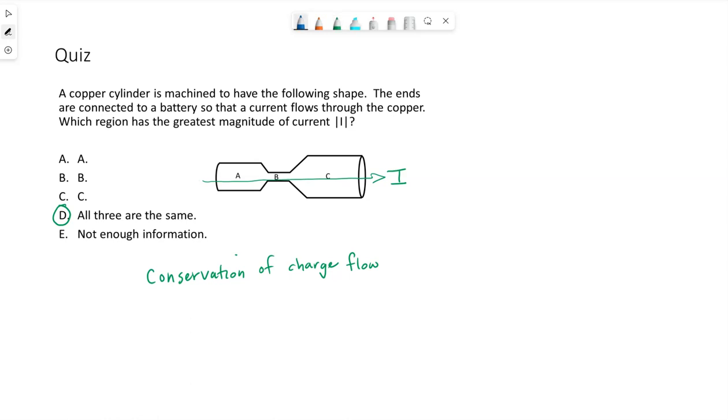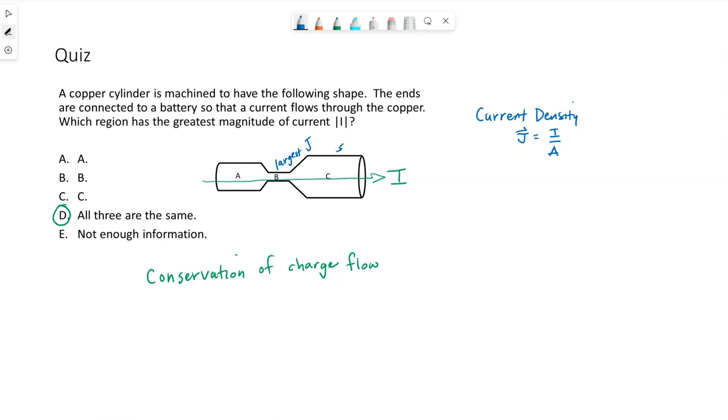What ends up being different is a quantity we call the current density. It is how much current per cross-sectional area. So B would have the largest current density.